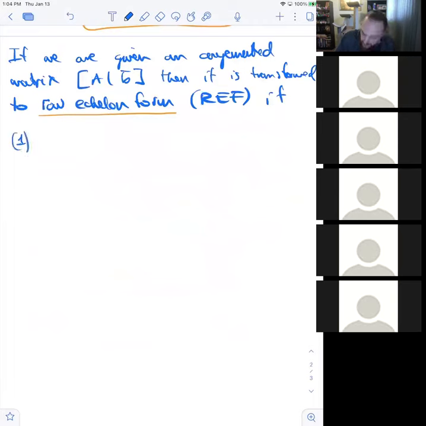We have to have 3 conditions to be in row echelon form. You have to go through them every time. Every time you do a step, you say, am I in row echelon form? And then you have to go through these 3 conditions for yourself.